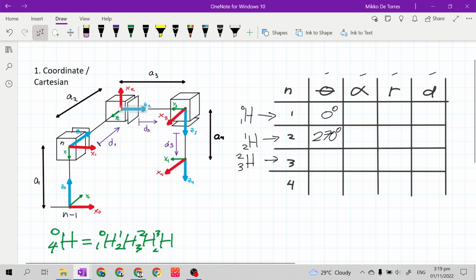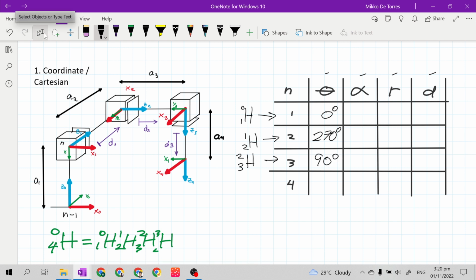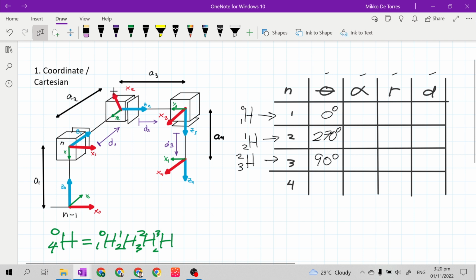If we rotate counterclockwise at z sub 2, again you may use your right hand rule. Z sub 2 is pointing to the right. X sub 2 is pointing upward. Counterclockwise to match with x sub 3, you need a 90 degree rotation. After obtaining the rotation angle, return the x sub 2 axis to its own direction.